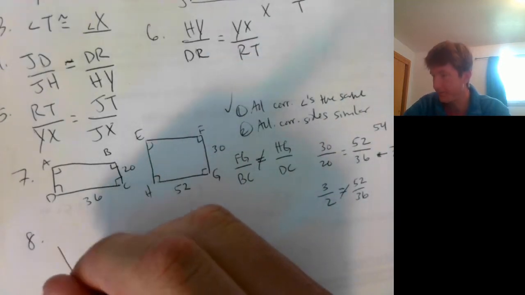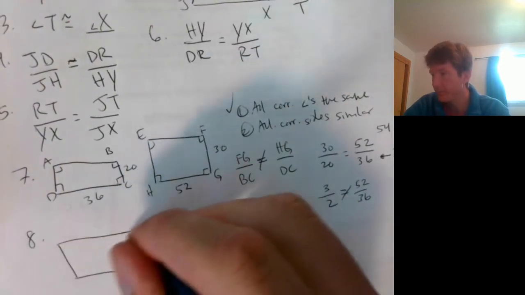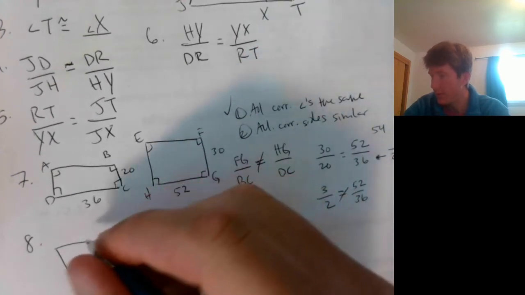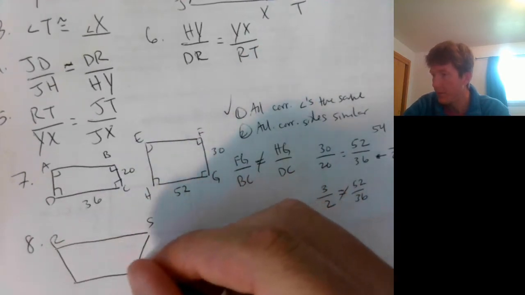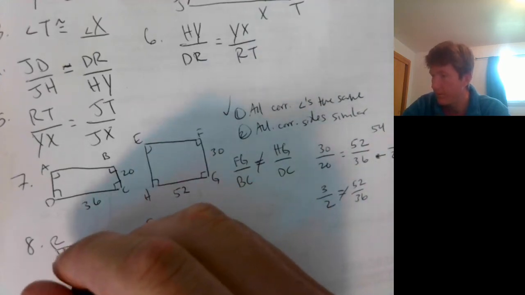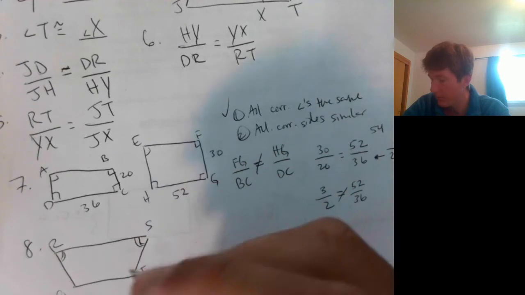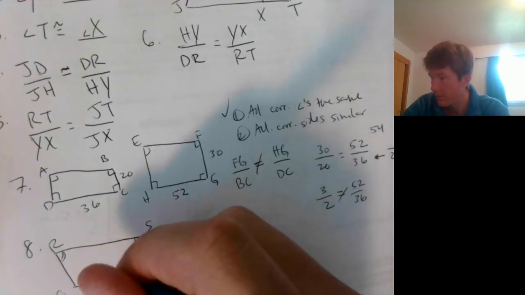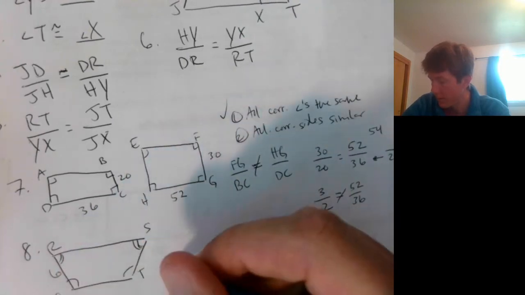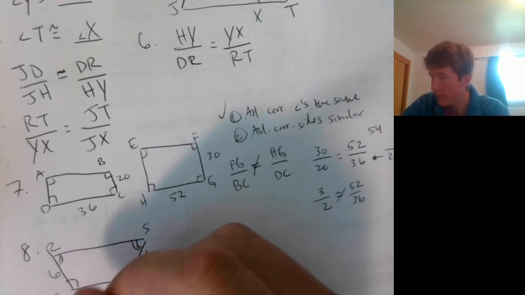Alright, next one. We have RSTQ, with sides 6, 6, and 7.5.